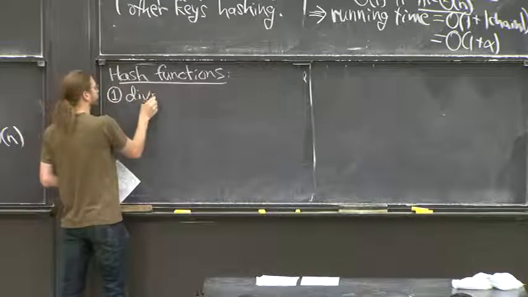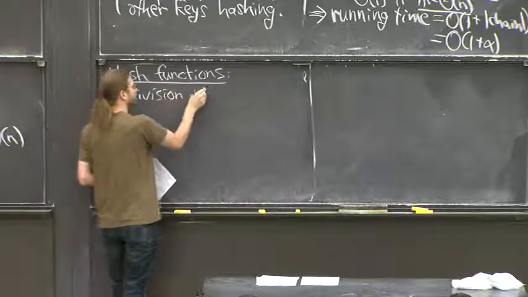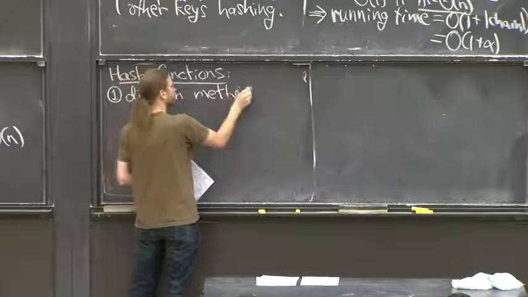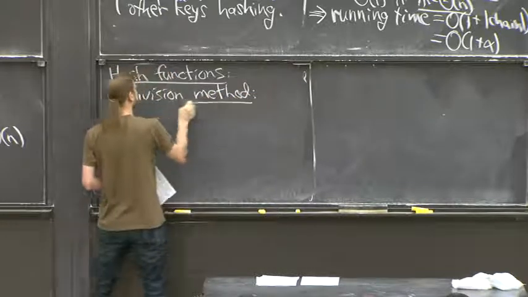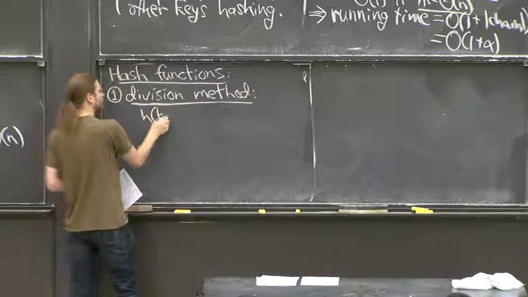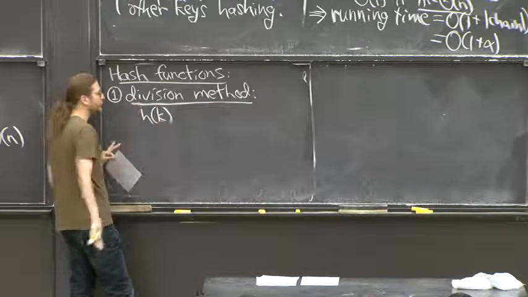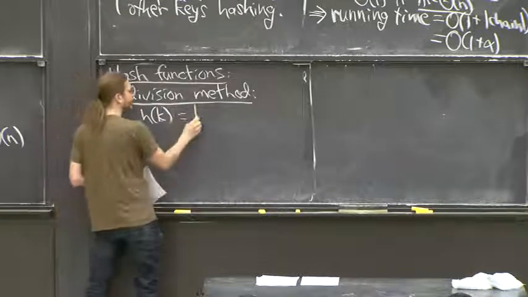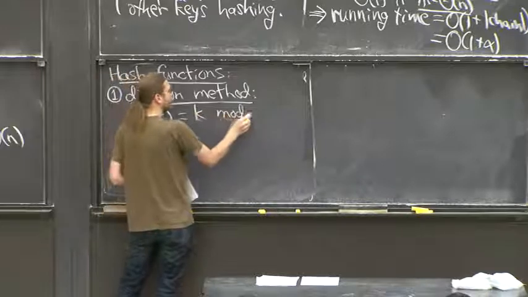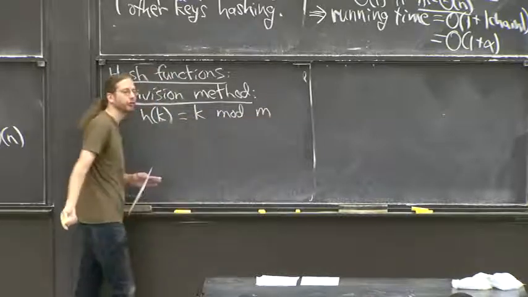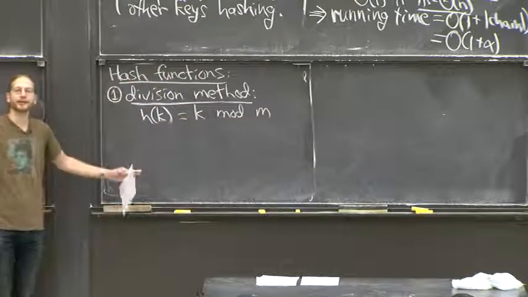OK, so first method, sort of the obvious one, called the division method. If you have a key, this could be a giant key, huge universe of keys, you just take that key modulo m. That gives you a number between 0 and m minus 1. Done. So easy.